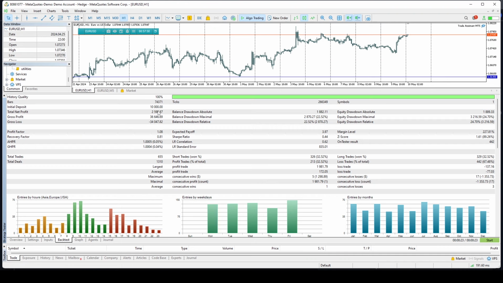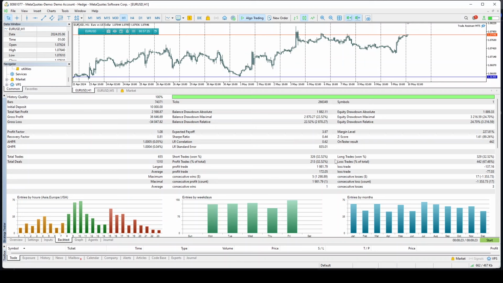It's still profitable. This is a 25% return. It's still profitable, but you can see the drawdown has now increased significantly to 18, or roughly 19% drawdown. That's huge. Okay, you can see the Sharpe ratio is now below 1, which is bad. And the percentage of profitable trades has also reduced to 32%.